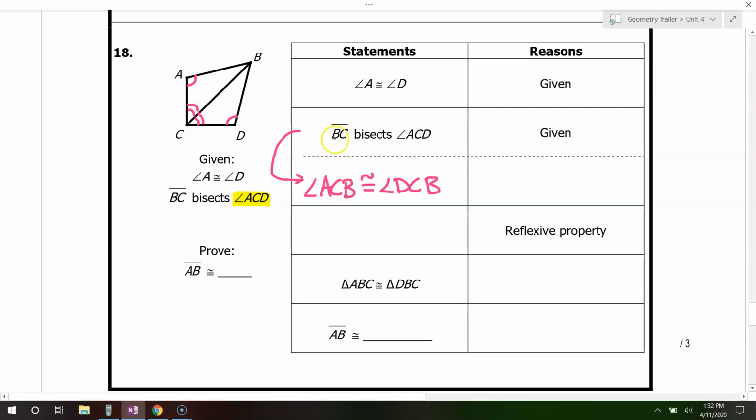And that's why these two are kind of connected. I just put a dotted line in between the two to show you that these are a pair. They go together. The bisecting leads to the two halves being congruent. And then the reason is going to be definition of angle bisector.